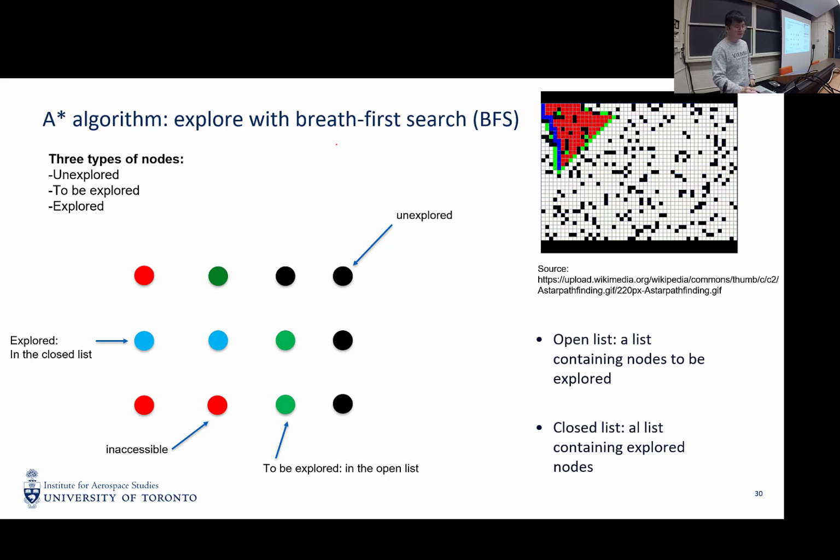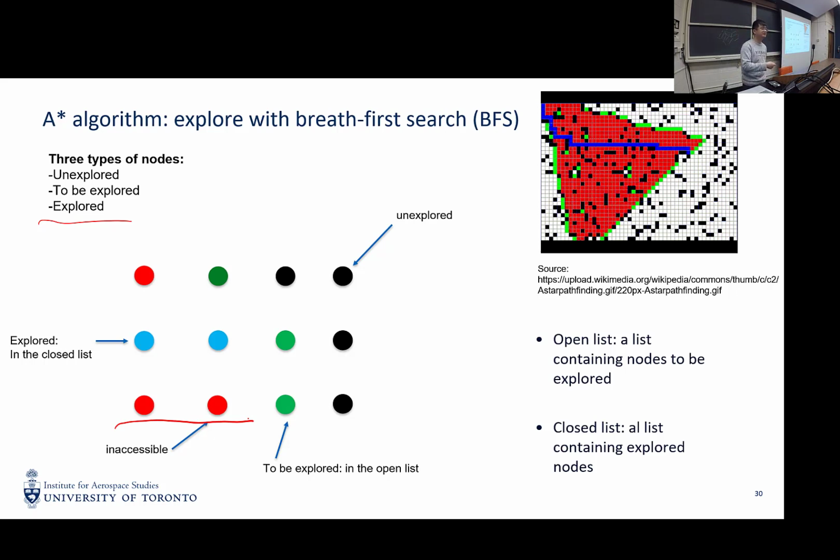For a grid map, there are four types, not 3 types, 4 types of nodes. The red node here is called inaccessible. Usually we define the obstacles by using the inaccessible nodes. And the blue ones are the explored nodes.